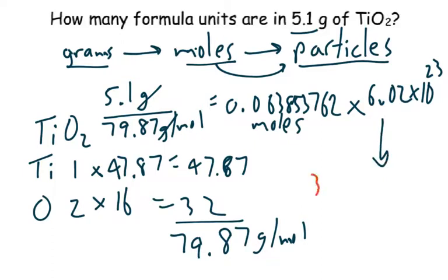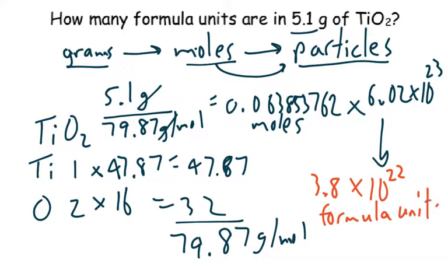I ended up getting 3.8, that's to 2 significant figures, times 10 to the 22nd. And since these are formula units, I'm going to put here formula units of titanium 4 oxide, or TiO2. And that will be my answer with 2 significant figures.